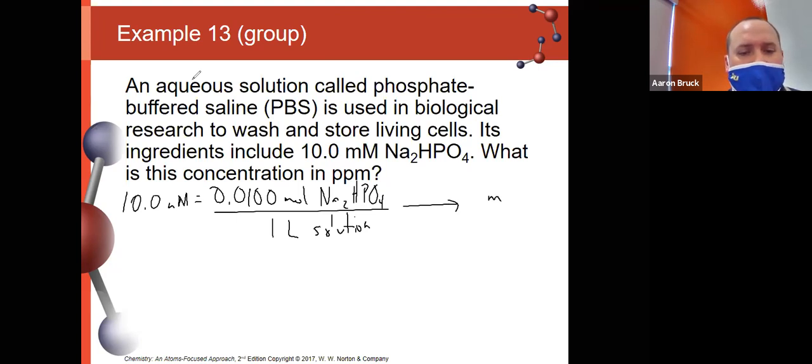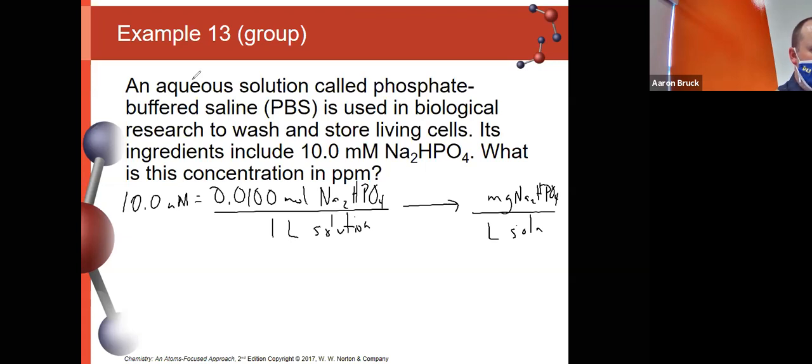We want milligrams of our phosphate in every liter of solution. And so that's all we would have to do, is that conversion. So I've got 0.0100 moles sodium monohydrogen phosphate in 1 liter.